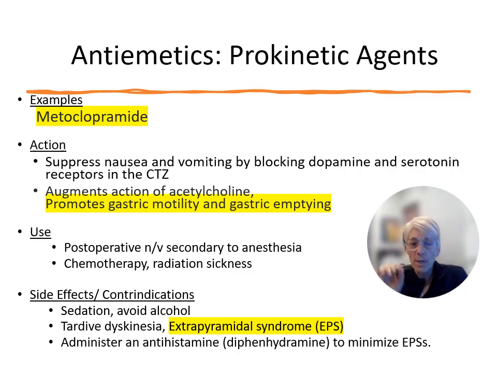Now, again, we give small dose of this, and we can take antihistamines to minimize that EPS. Okay, but another one, and we're going to talk about this one again when we talk about gastroesophageal reflux disease, GERD.